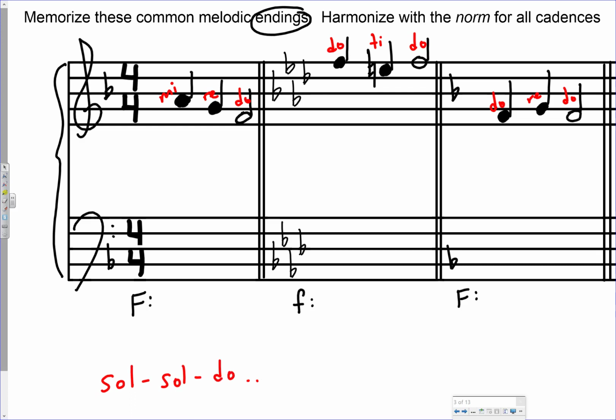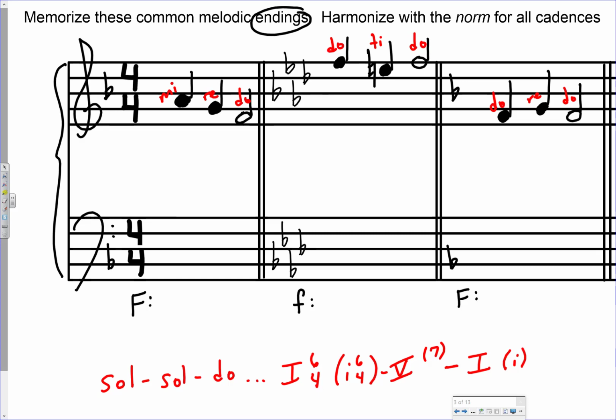In other words, 1-6-4, or in minor, 1-6-4, 5, or you could even do 5-7 if you wanted to, and then 1. Major or minor.